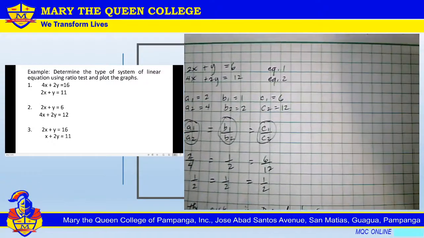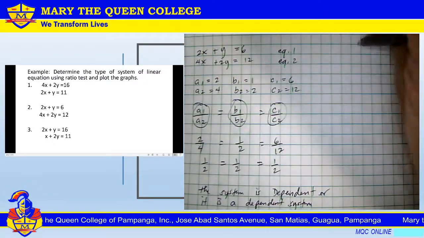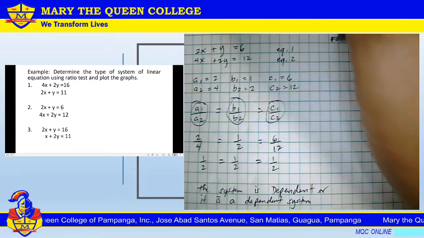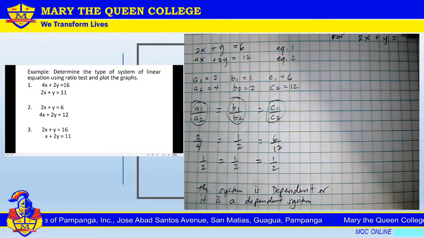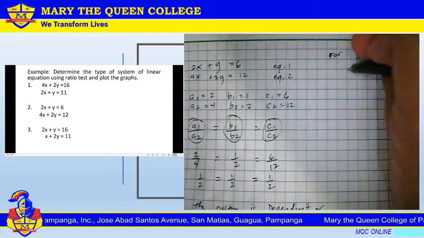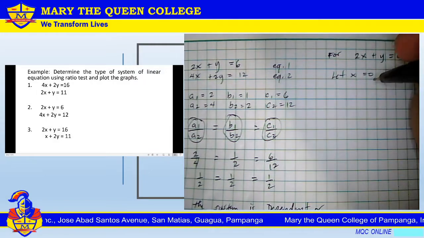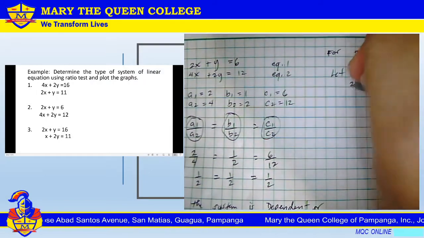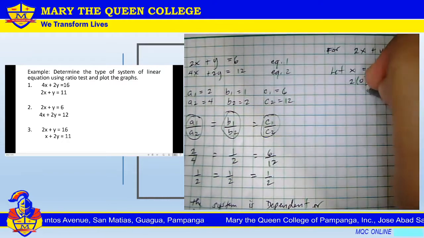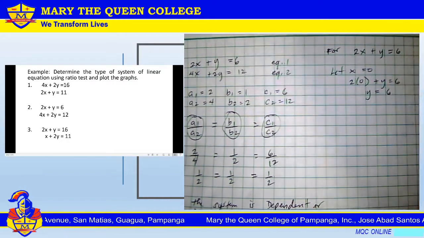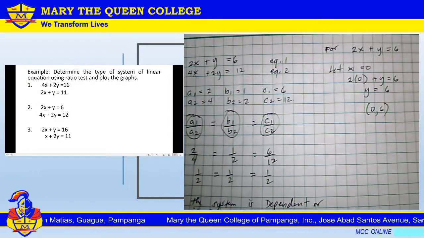Using the same procedure as our first example, for 2x plus y equals 6, let x equal 0 for the y-intercept. So we have 2 times 0 plus y equals 6, so y equals 6. Therefore, we have 0, positive 6.